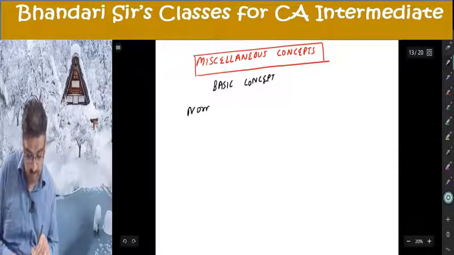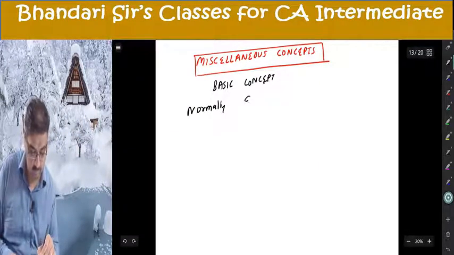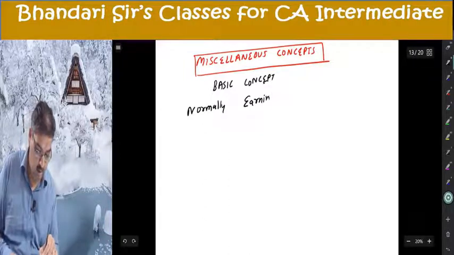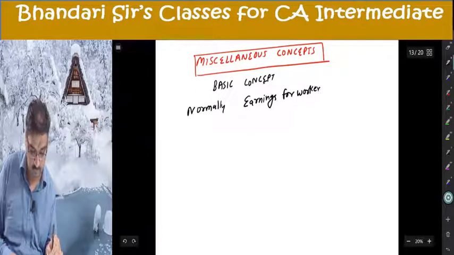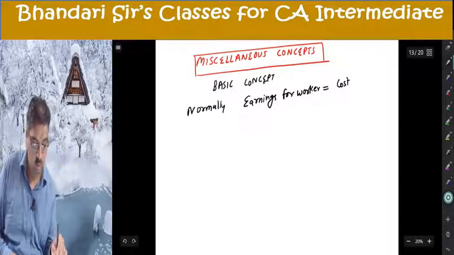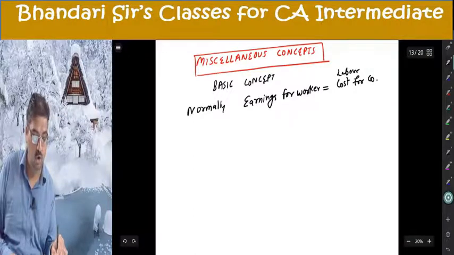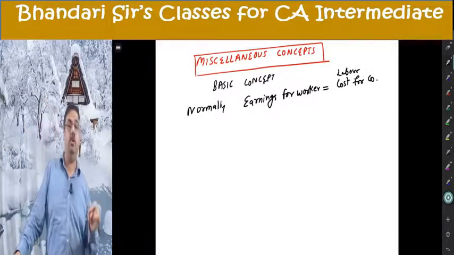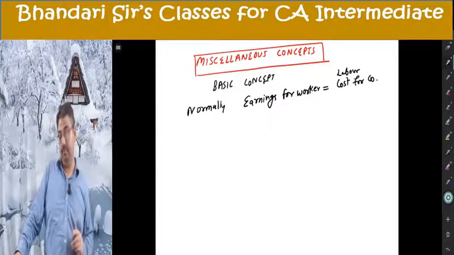Normally, earnings for worker is equal to cost for company. So if the question wants labor cost, it is the same. If the question wants earning of worker, it is the same.